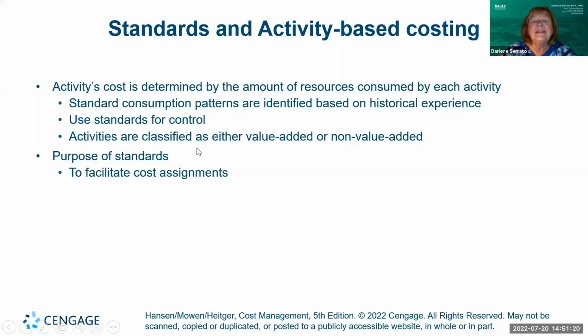Your rate is the predetermined overhead rate. You can use standard consumption patterns. We did some consumption ratios in Chapter 7. All activities are classified as either value added or non-value added.